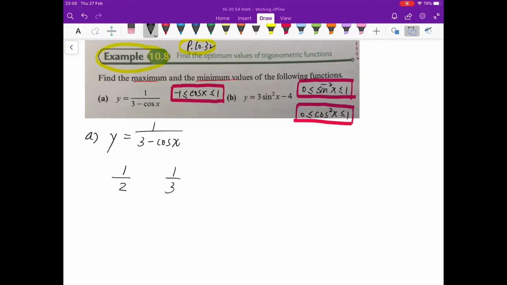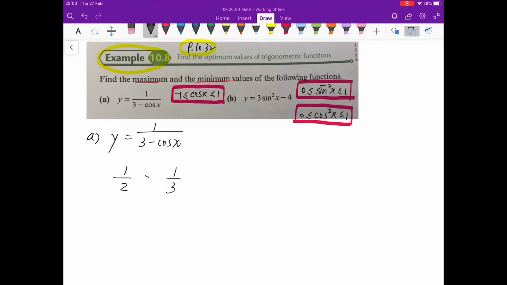Okay, after your calculation, the result should be 1 over 2 is larger than 1 over 3. The reason I'm giving you this example is I want to show you that for a fraction, if the denominator is smaller, then the fraction will become larger.